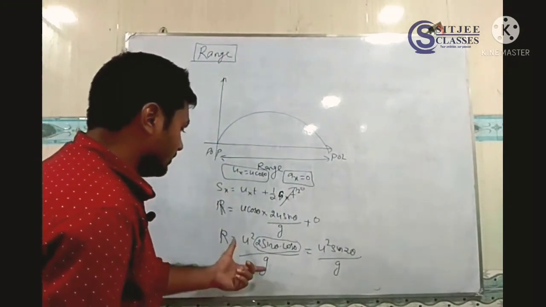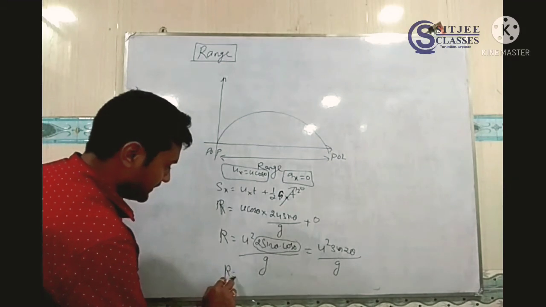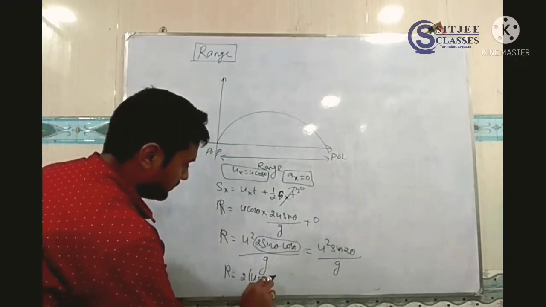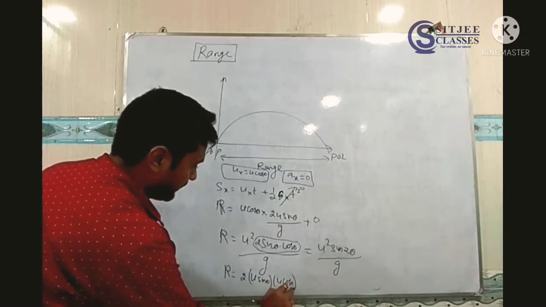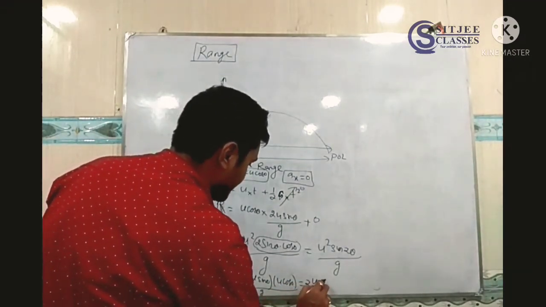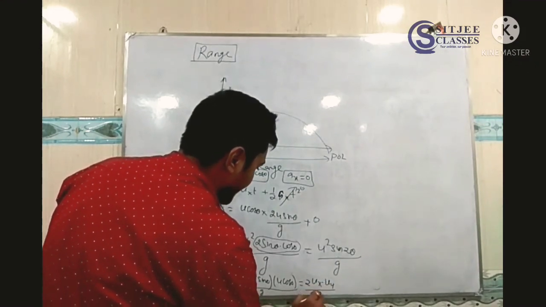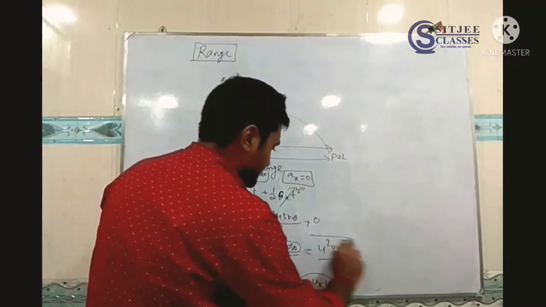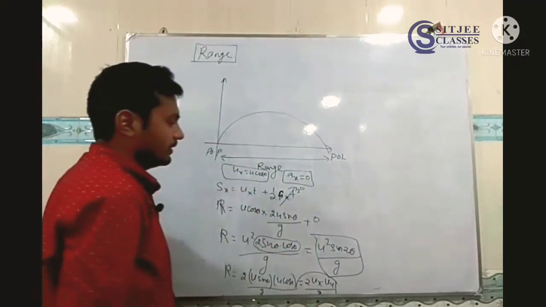Now we can also write this range formula as 2 times u sin theta into u cos theta by g, which is nothing but 2 ux into uy by g. In this format also we can write. Now this is the main formula which you have to remember.